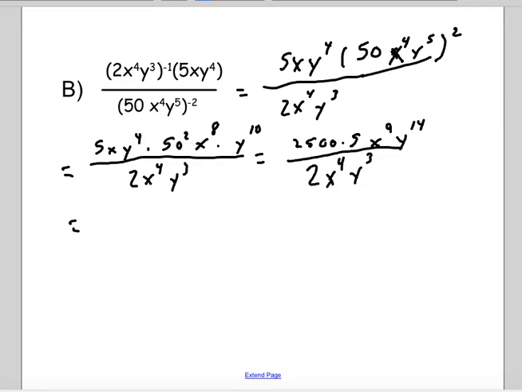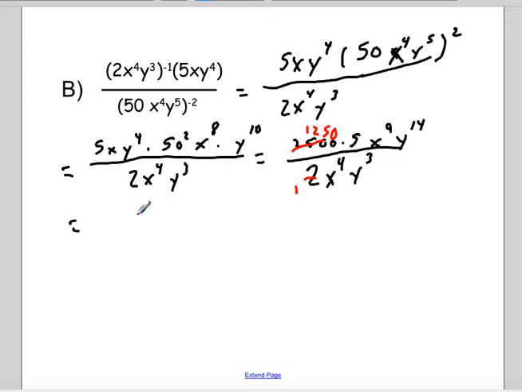So maybe we should reduce that down. 2 goes into here, 1250. So then we could take 1250 times 5 there, and then we could do x to the 9th divided by x to the 4th.